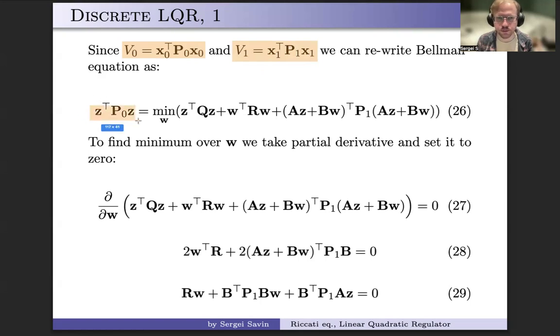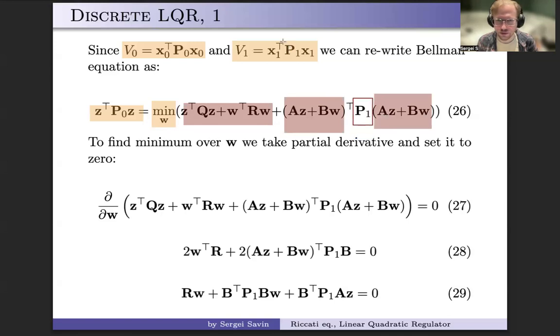So we know at the moment 0, we can write it as z times p0 times z is equal to the minimum over w of, this is our instantaneous cost. Those two guys are just our x1. That's how x1 looks in this notation. And this is p1.